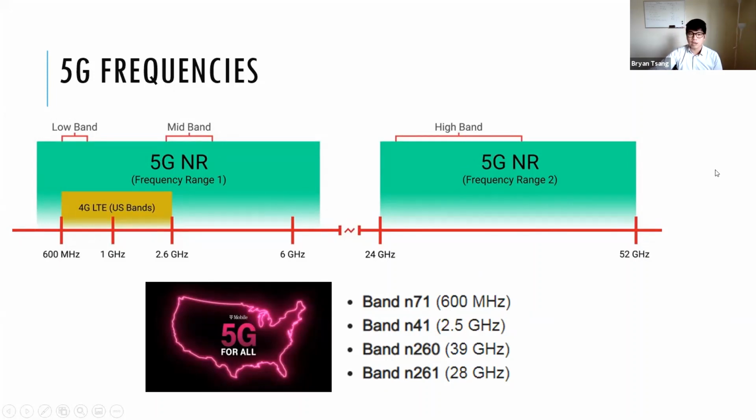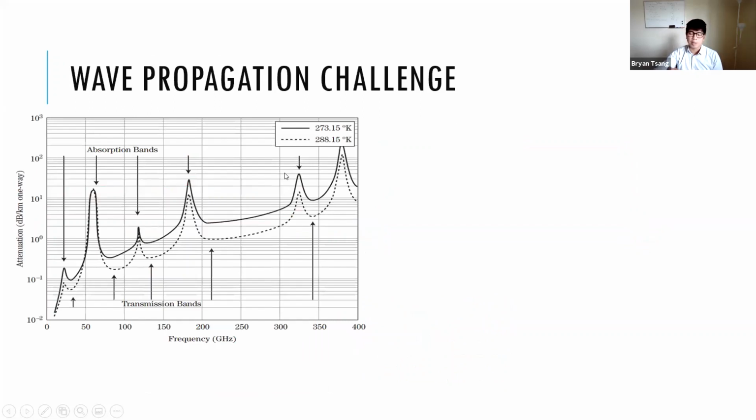And the reason for that is because there's a wave propagation challenge that comes with using higher frequencies. This is a graph that I got from the 578 textbook, which is showing attenuation versus frequency in the atmosphere, because there's no free space in real life.